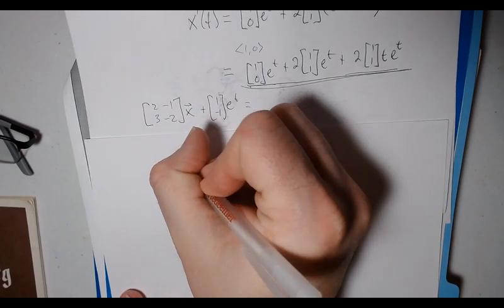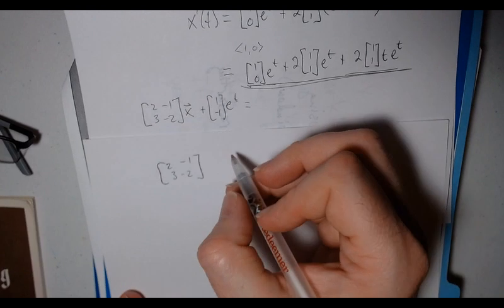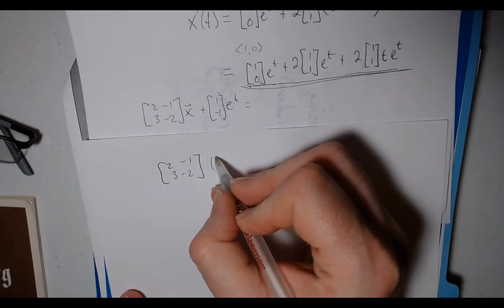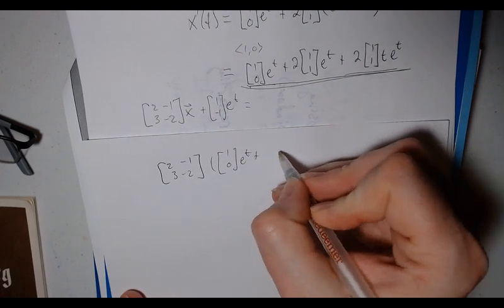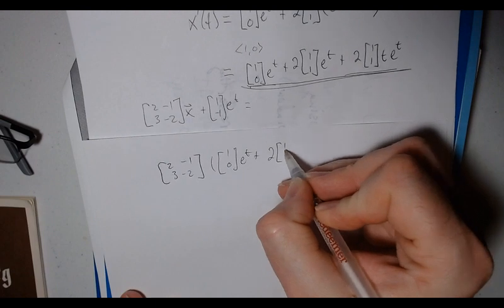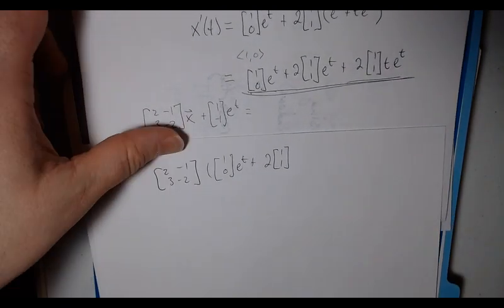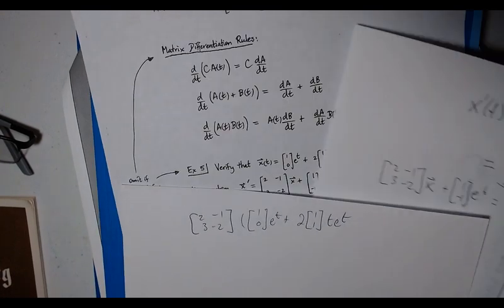So [2, -1; 3, -2] times x is [1; 0] e to the t plus [2; 1; 1] t e to the t, right? I've got to look back at that previous page to make sure.